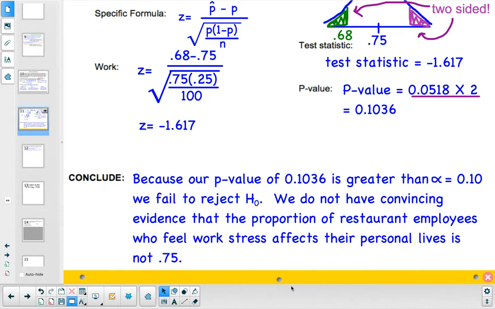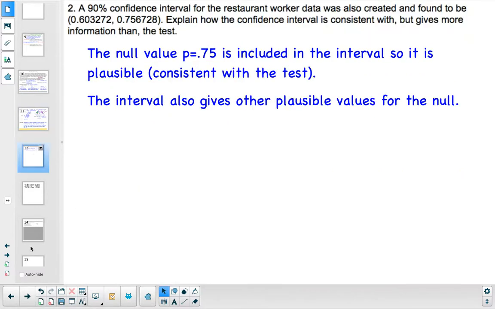We do not have convincing evidence that the proportion of restaurant employees who feel work stress affects their personal lives is not 0.75. So 0.68 was not unusual enough for us to reject that null.